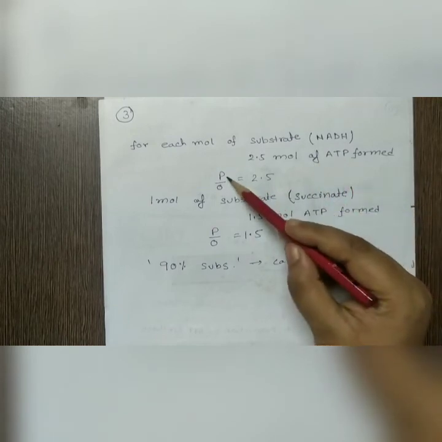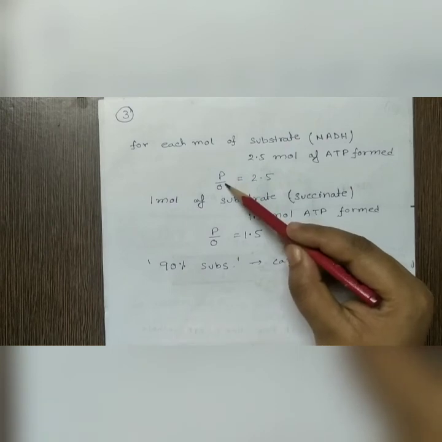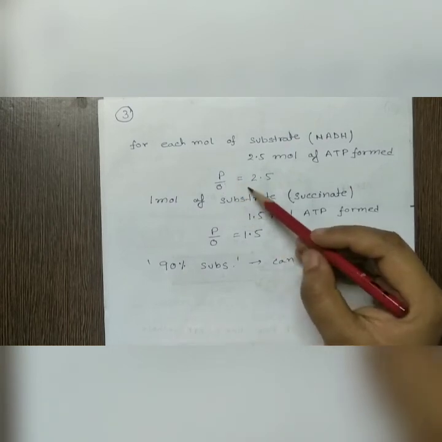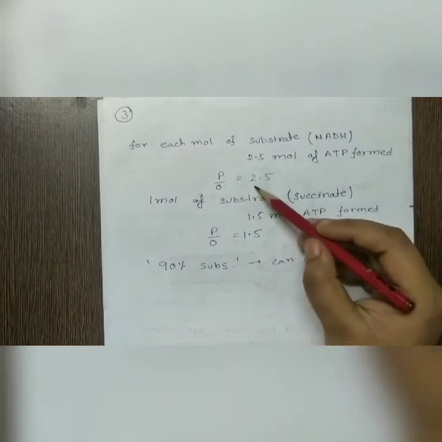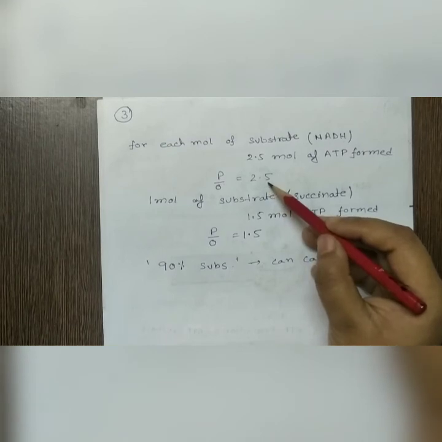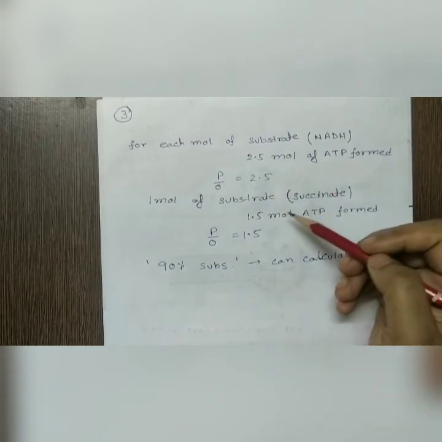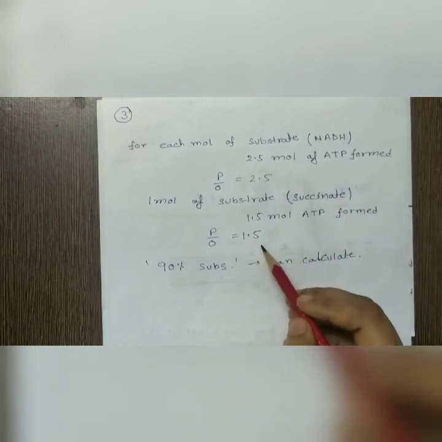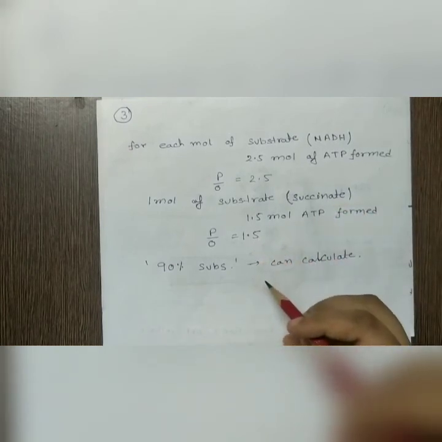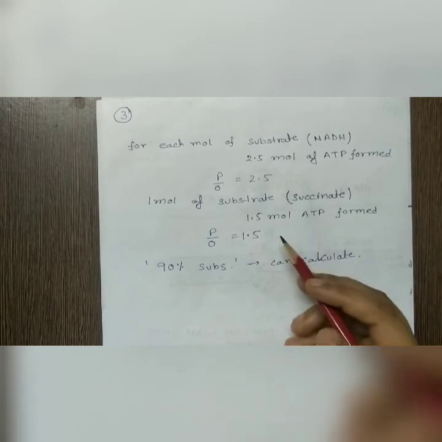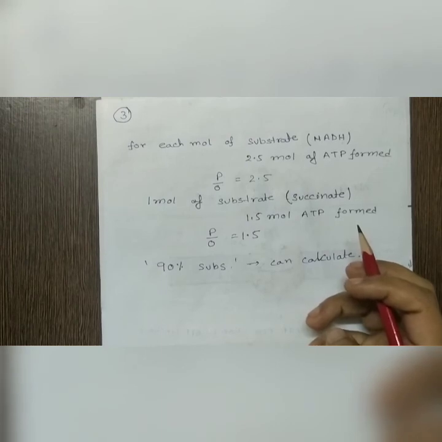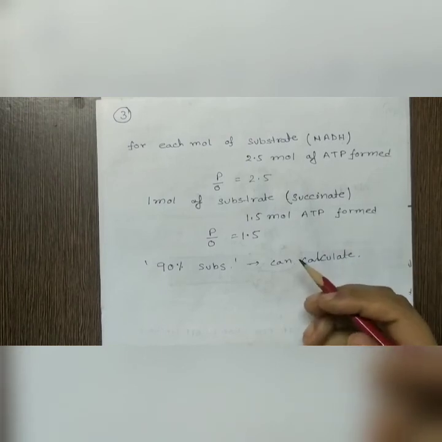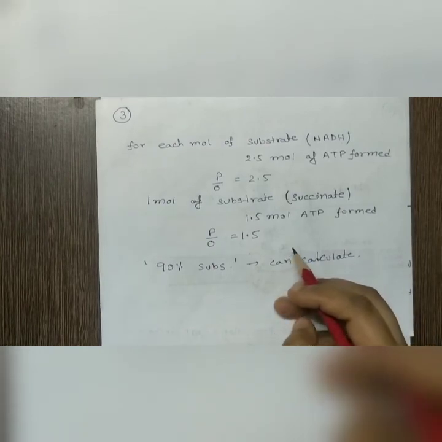So how much phosphorylation occurs with how many moles of oxygen, right? This is expressed as the P/O ratio. Actually this is 2.5 for NADH, and for succinate it is only 1.5. For any substrate we can calculate in such a manner the value of ATP we can get.